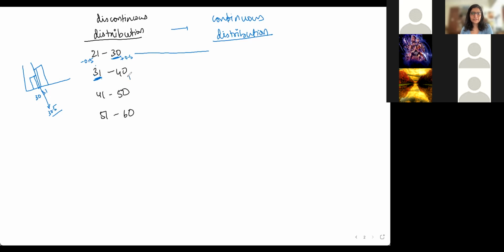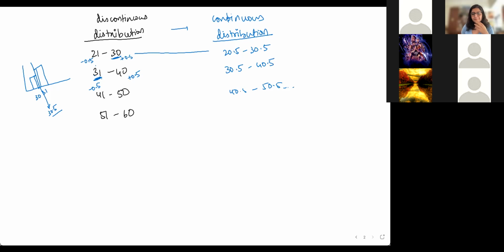You apply the same thing to both sides. So this becomes 20.5 to 30.5, and when you subtract 0.5 from 31 you get 30.5 to 40.5, then 40.5 to 50.5, and so on. That is converting a discontinuous distribution to a continuous distribution.